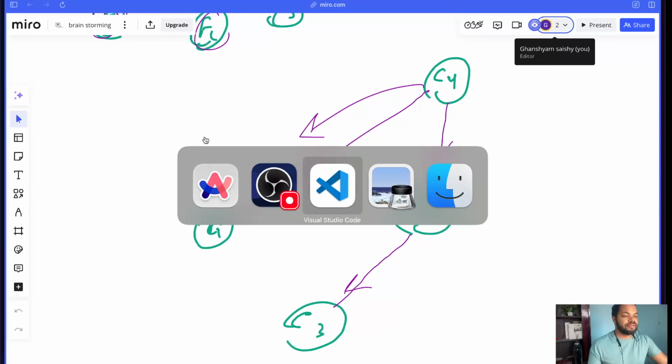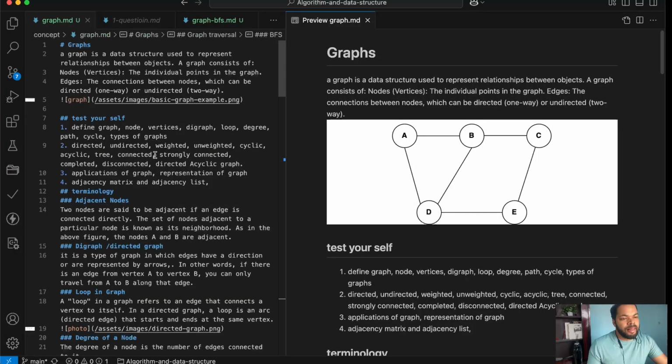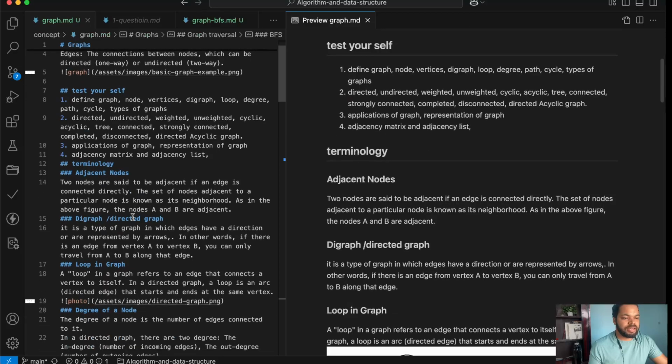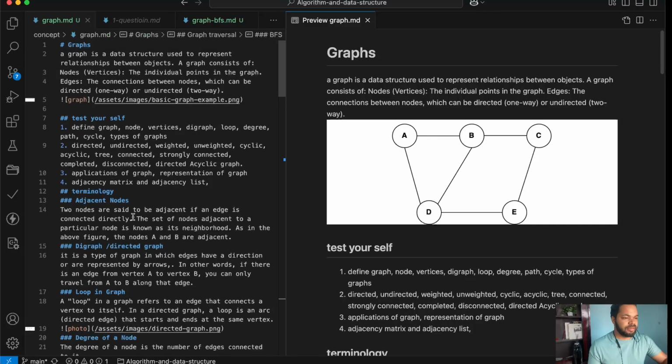Okay, let's see what is next. Next is degree, path, cycle, type. Okay, cool.